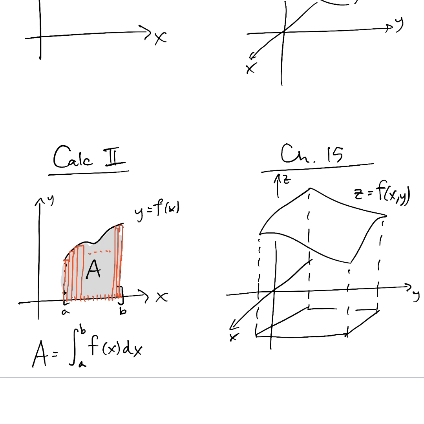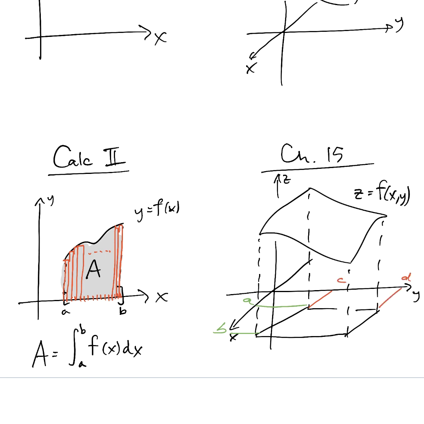From x running a to b, say. So let's get the x's in green. So x runs a to b, and let's get the y's in red. And y runs, say, c to d.